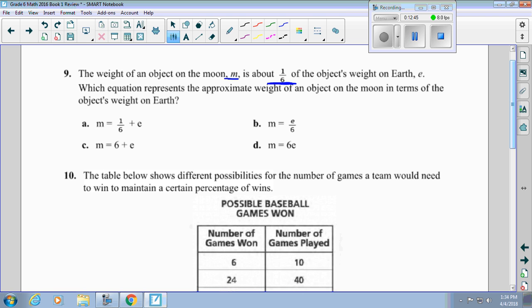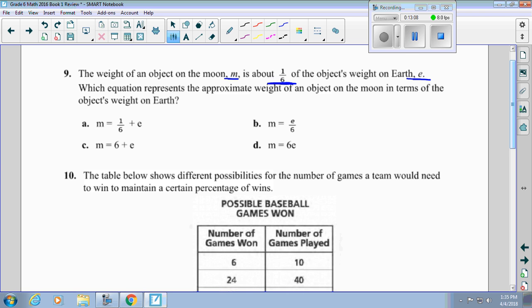So if you are on the moon, you're going to be 1/6 what you are on Earth. You need to think, am I going to weigh more or less on the moon? Well, it says you're going to only weigh 1/6 of the weight, so that means you are going to weigh a lot less, okay?